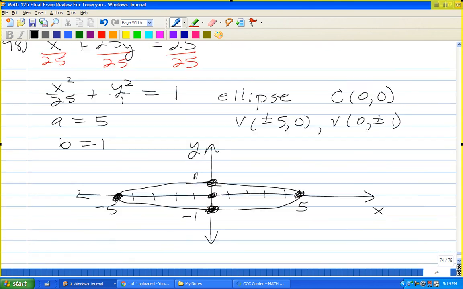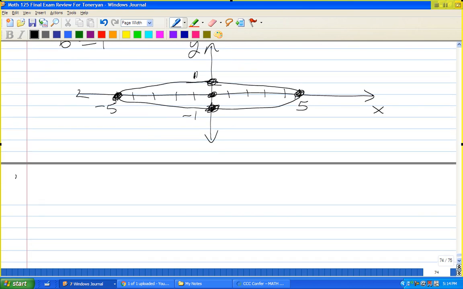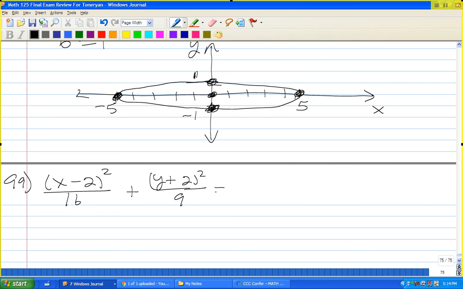Let me do problem number 99. x minus 2 squared over 16, plus y plus 2 squared over 9 equals 1. So this is an ellipse.